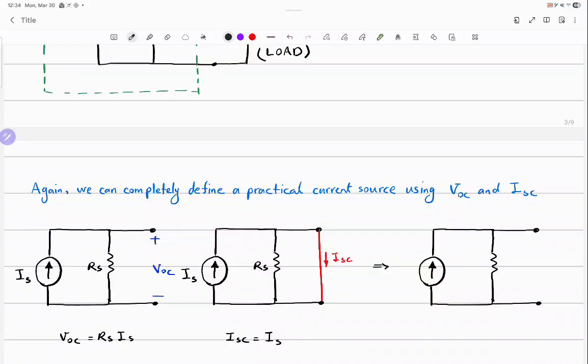Based on this, if I want to model a black box as a practical current source, the ideal current source is equal to the short circuit current, and the resistor is equal to VOC over ISC.